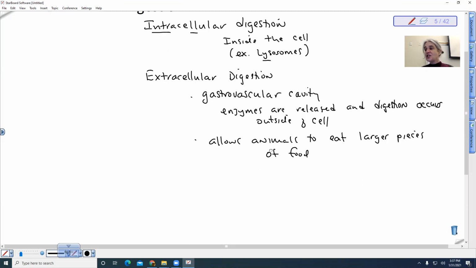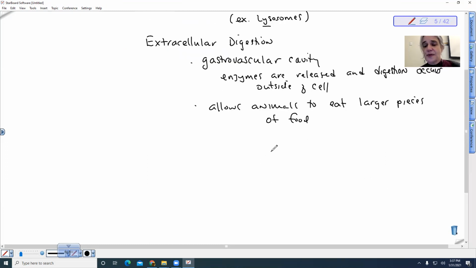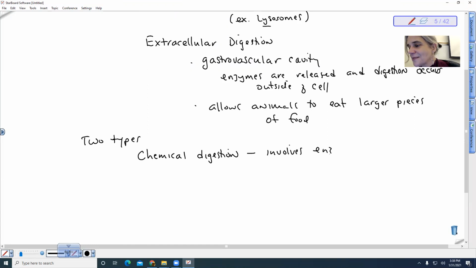Now, another thing about digestion is we have two types. We can talk about chemical digestion. This involves enzymes.